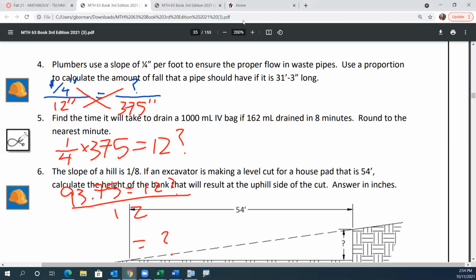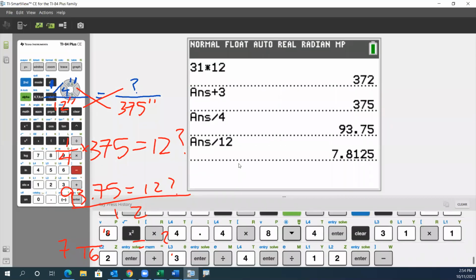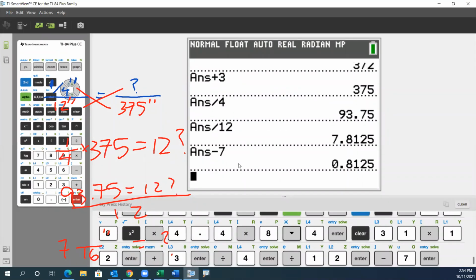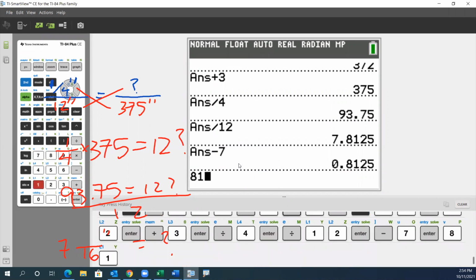Okay, so I know I've got 7 complete inches, and then let's go 16ths of an inch. I will get rid of that 7 complete inches. I've already accounted for that, and I'm left with 0.8125 inches. And if I want to convert that to 16ths of an inch, I multiply by 16.